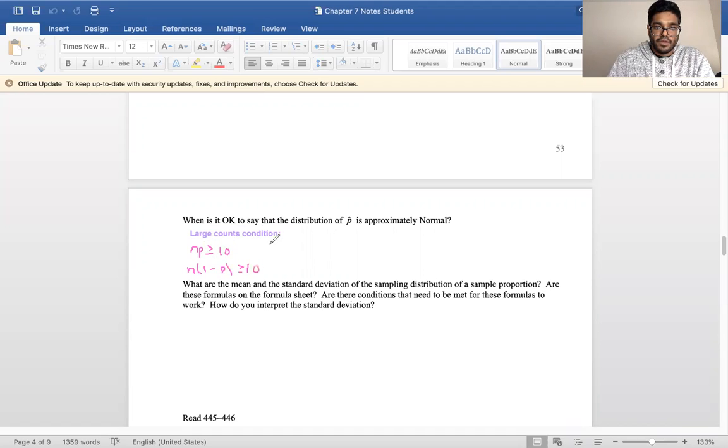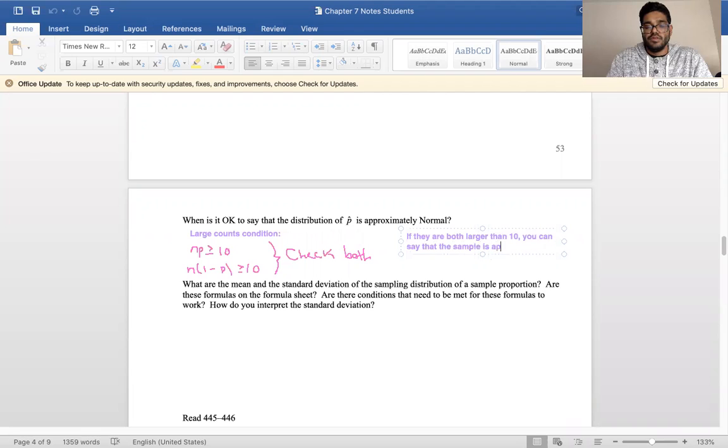You need to check both. You can't just check one or the other. If they're both larger than 10, you can say that the sample is approximately normal.